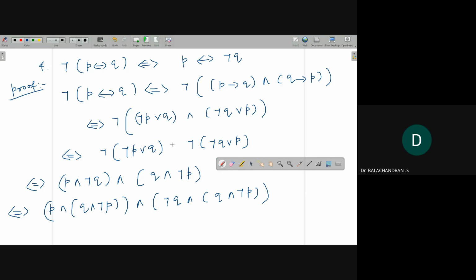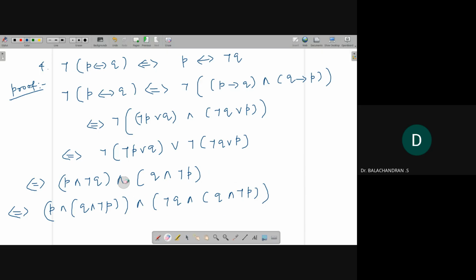Because if I apply De Morgan's law, negation of this quantity, I struck here OR. And hence here also you'll get OR.